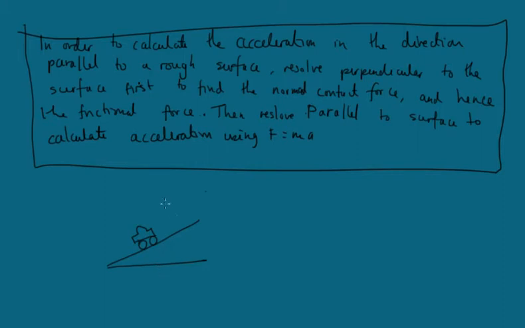So we needed to know how to deal with situations where we didn't know if there was going to be any motion or not. If we think about this car held by a rope, it might not be moving, or it might be about to move, and which way is friction acting on it? So we need to calculate different situations.